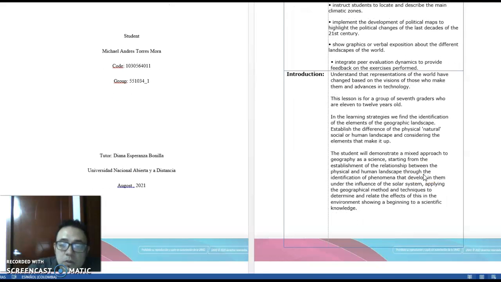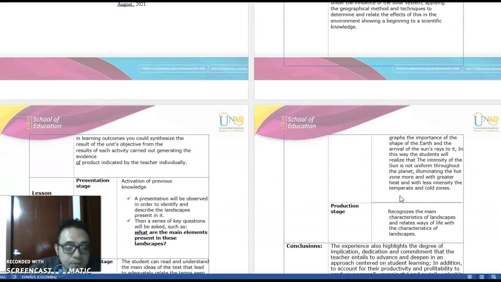The student will demonstrate an approach to geography as a science, starting from the establishment of the relationship between the physical and human landscape through the identification of phenomena and development under the influence of the solar system, determining and relating the effects of these on the environment, perhaps showing a beginning to scientific knowledge.